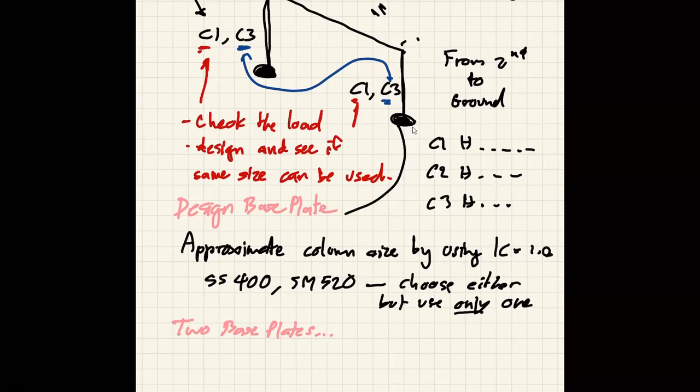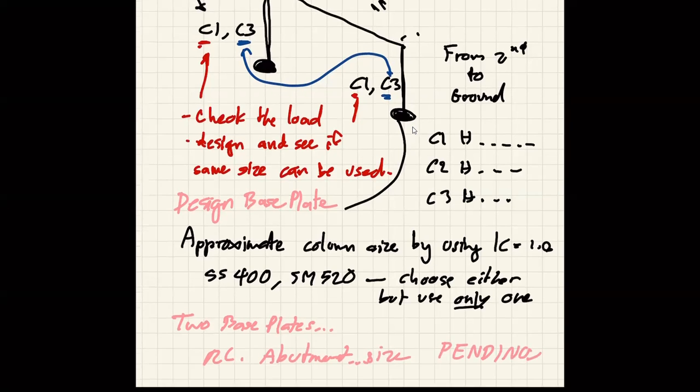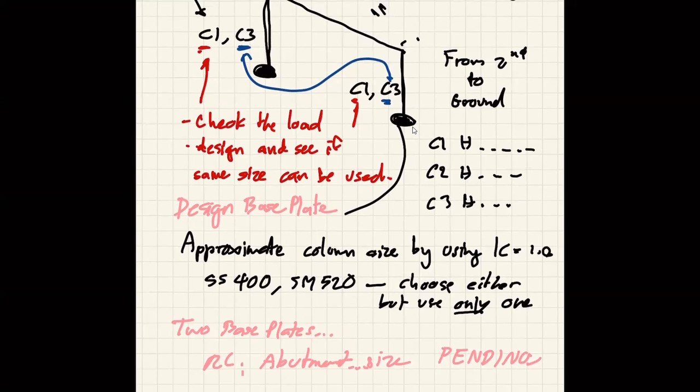The RC column underneath the ground, it is called the abutment. Okay, RC abutment size for now it is pending. Okay, let me make a final decision. And FC prime that you can use to check the concrete crushing, you can pick 240 or 280. 280 is becoming very, very common right now. So you may want to go for 280, but 240 is fine as well.